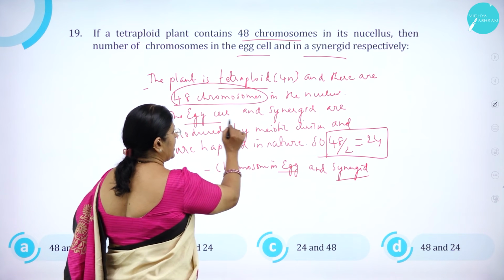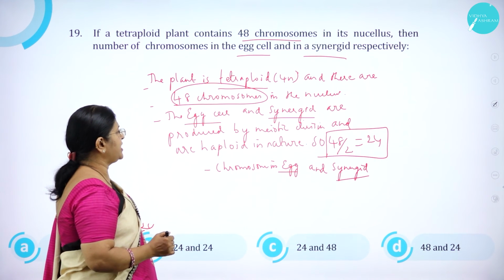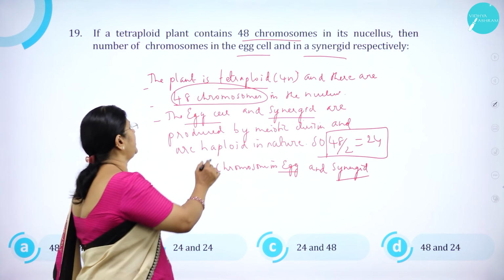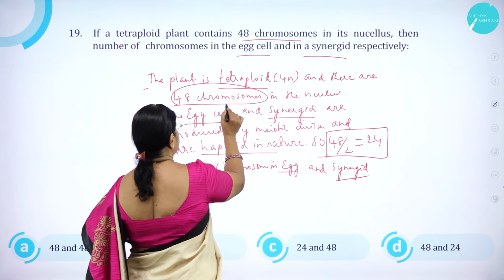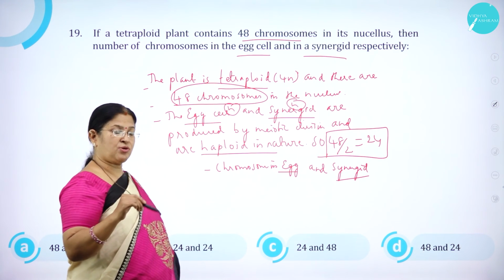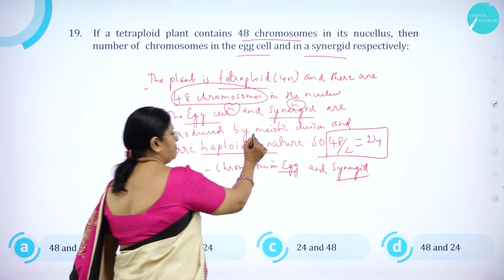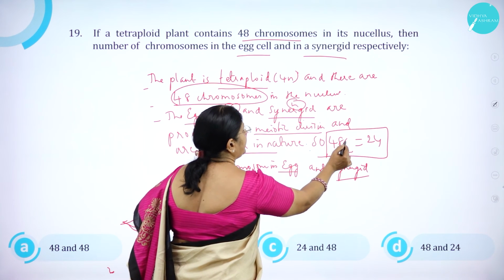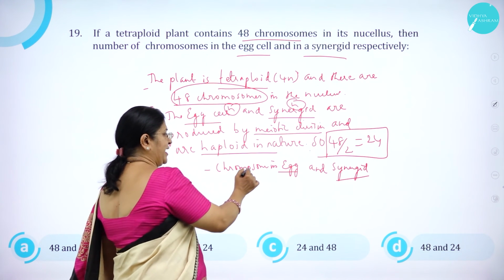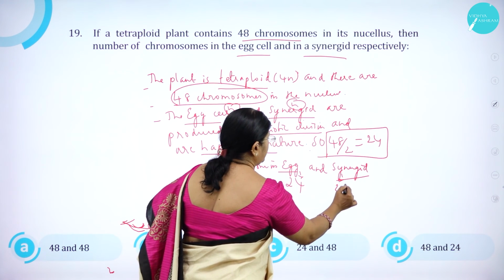The egg cell and synergid, I think all of us know, are produced by meiotic division and hence are haploid in nature. So this is n and this is also n. So 48 by 2 is equal to 24. That means egg cell is also 24 and synergid is also 24.